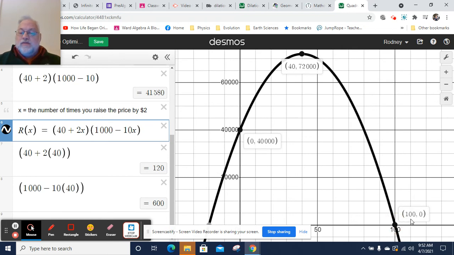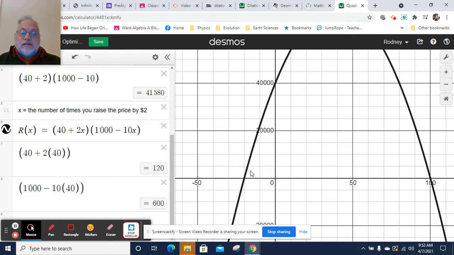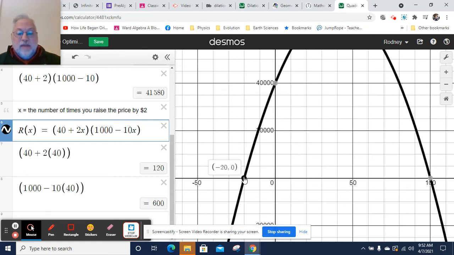Down here, after 100 price increases, you have now driven all your customers away. So your x-intercept over here is you've driven all your customers away. There's another x-intercept over here in which you've lowered the price so much that now you're selling the hats for $0. So it doesn't matter how many customers you have. You're just going to not make any money.